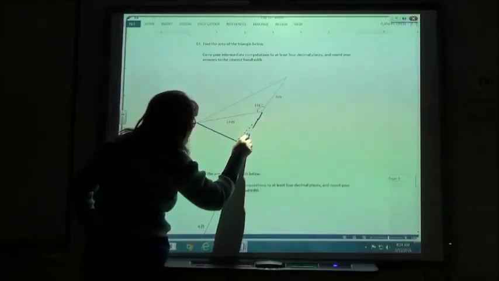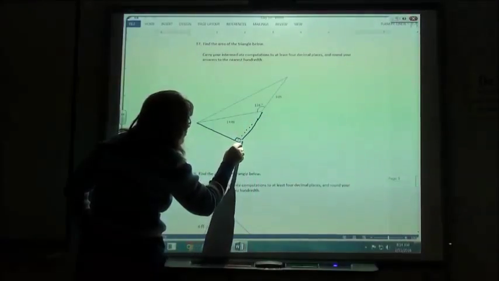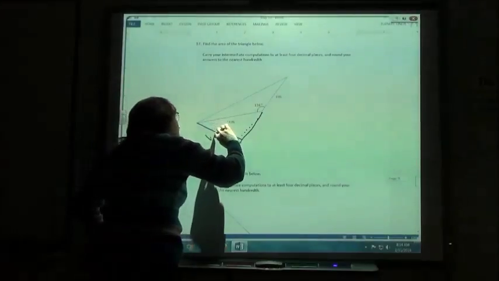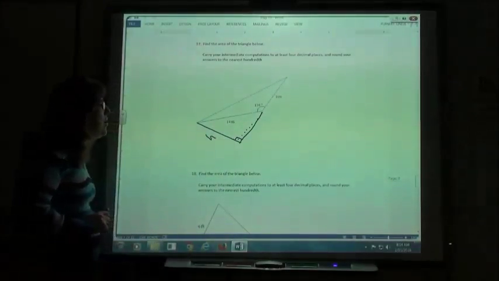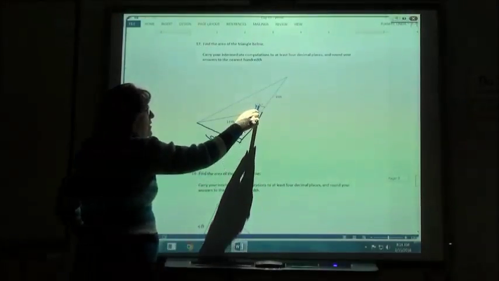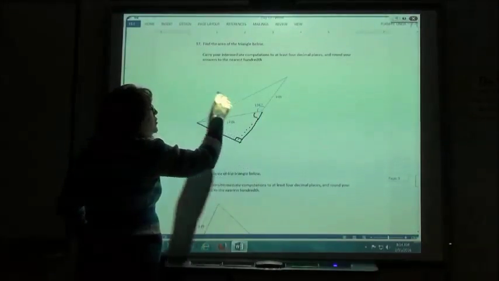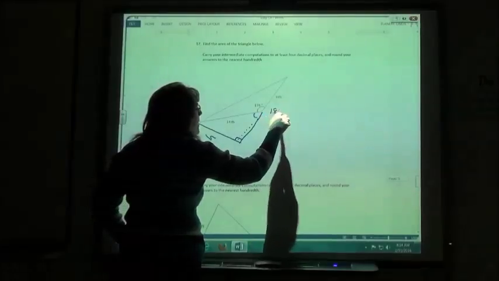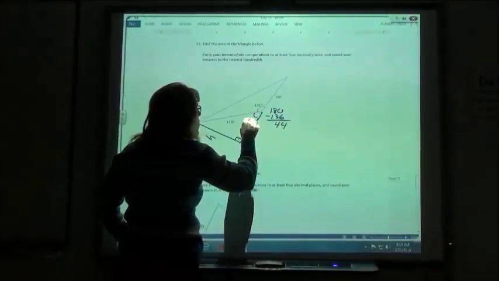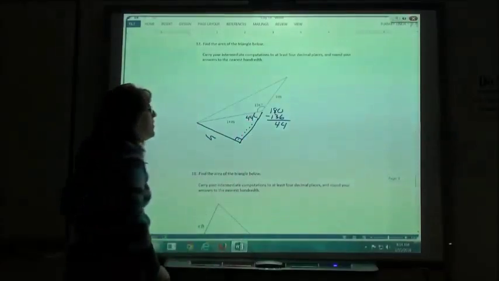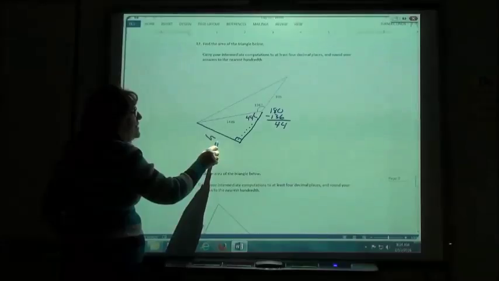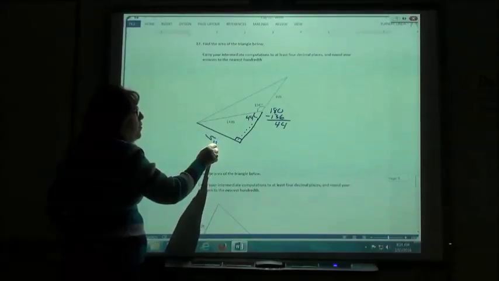That looks closer to a right angle. So the height of my triangle is this side here. I need to know this angle here. This is 136, so if I took 180 minus 136, I would get 44, so that angle there would be 44.